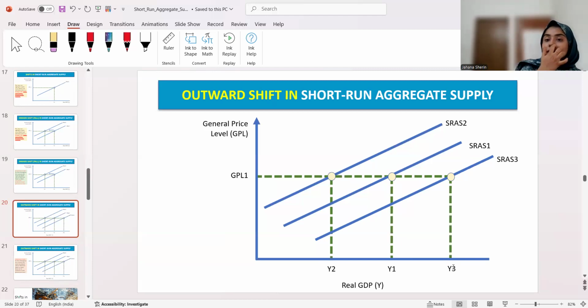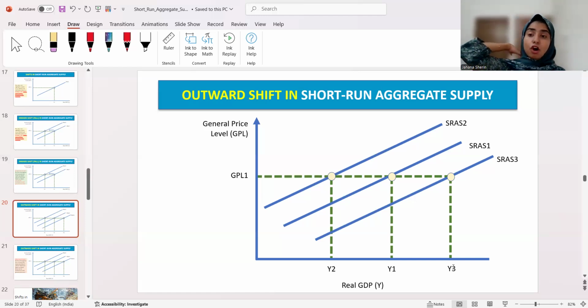So real GDP increased, which means supply increased, and the total output of the economy increased. There are some factors which influence SRAS, including cost of production, productivity, and level of technology. Any one factor can shift the SRAS forward.